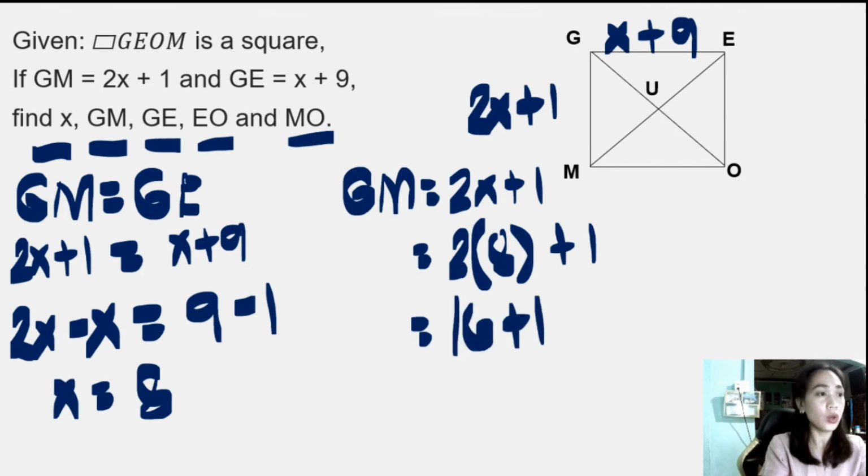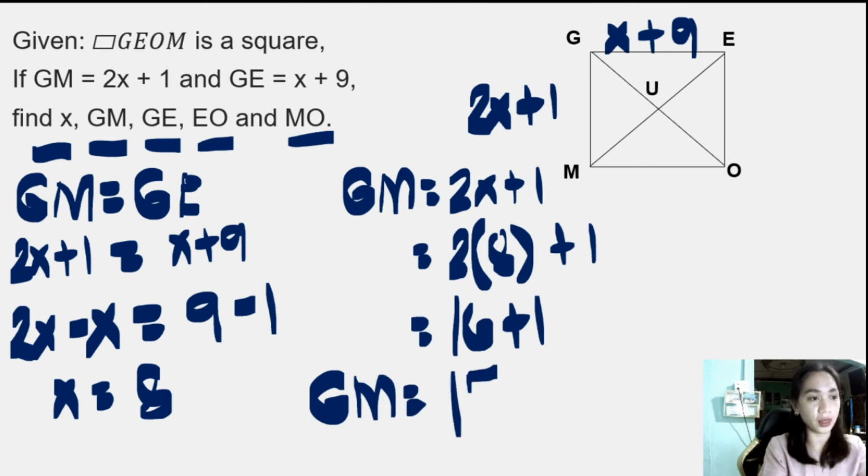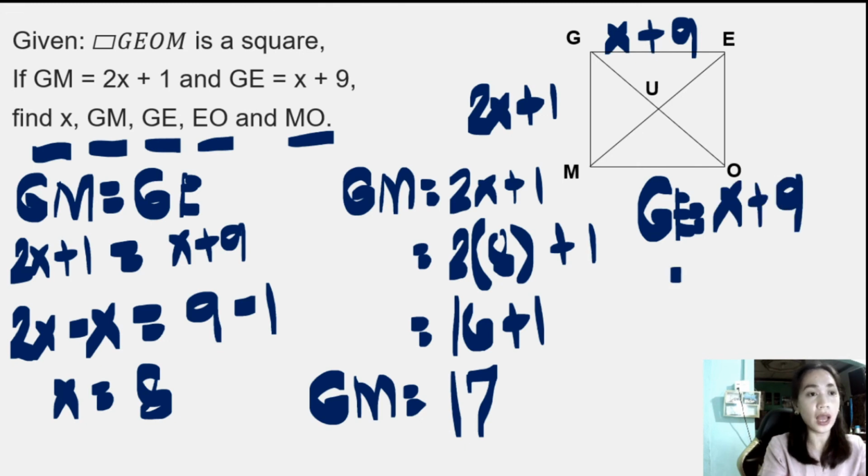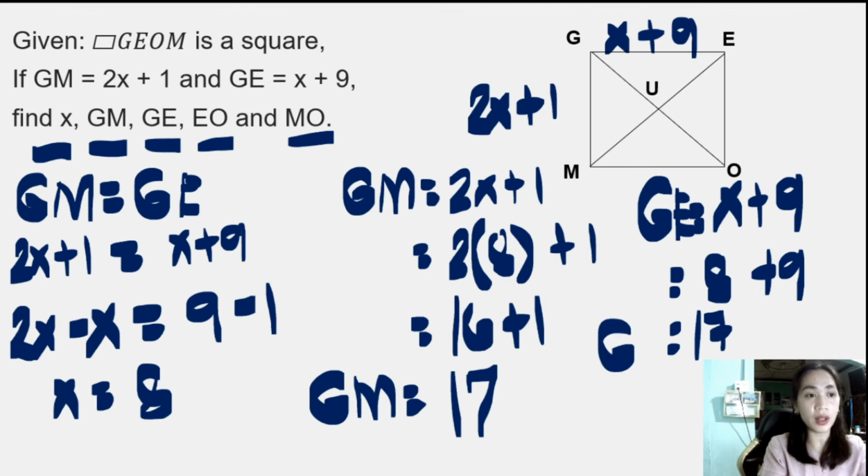So the value of GM is 17. Understood? Next, let's try GE. GE is x plus 9, so x which is 8, plus 9. 8 plus 9 is also 17. So that is the value of GE.